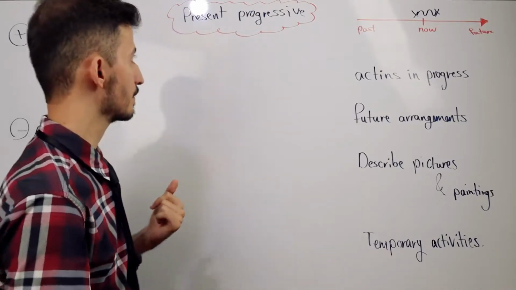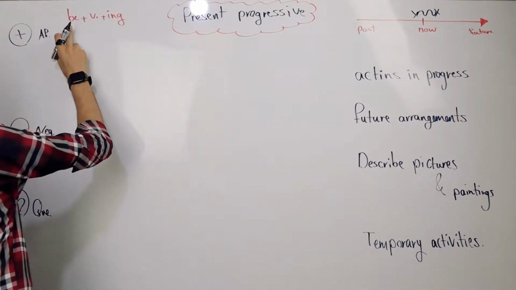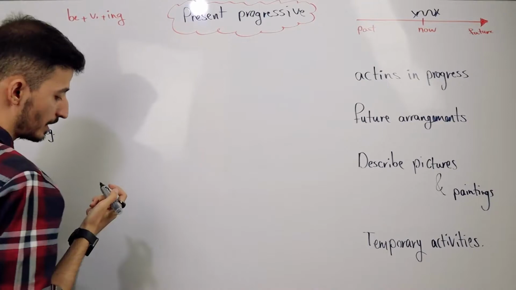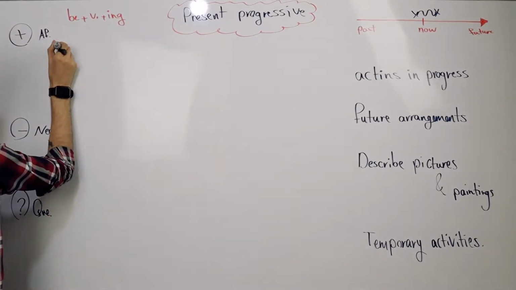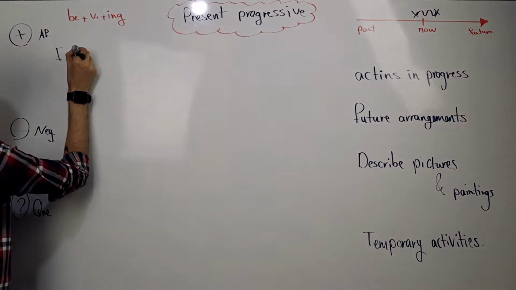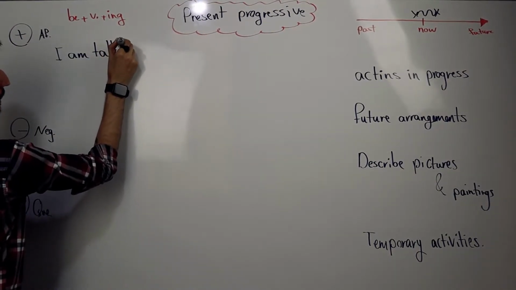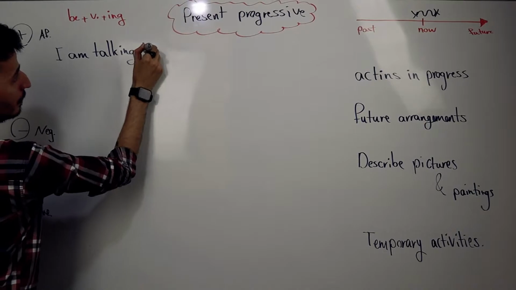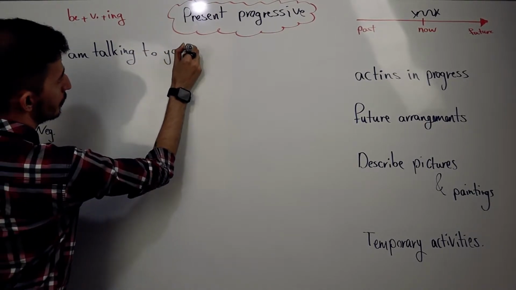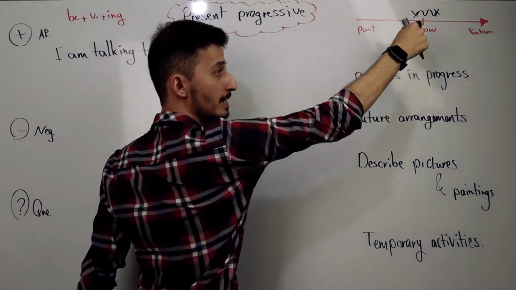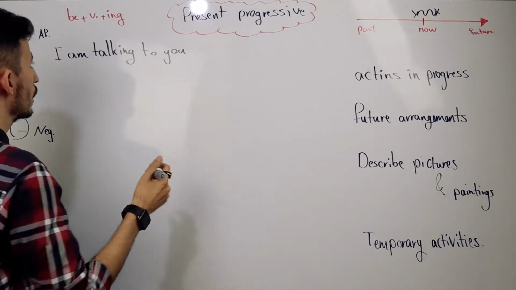How do we form these kinds of sentences? So easy. We need be plus verb plus ing. So I say I am talking to you. It means it is happening right now at the moment that I'm talking to you.